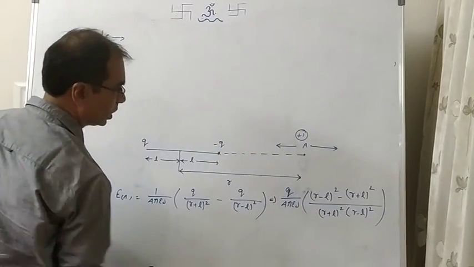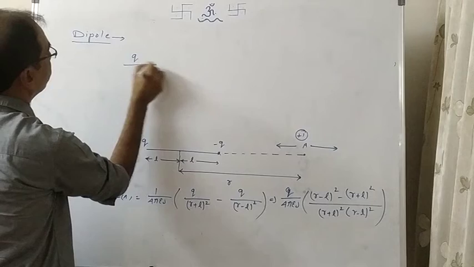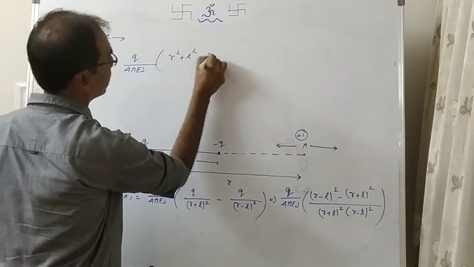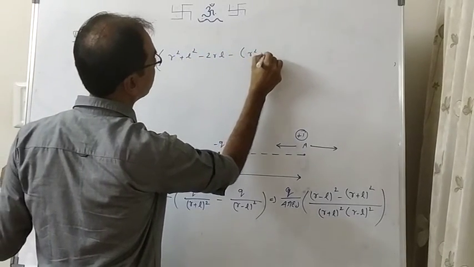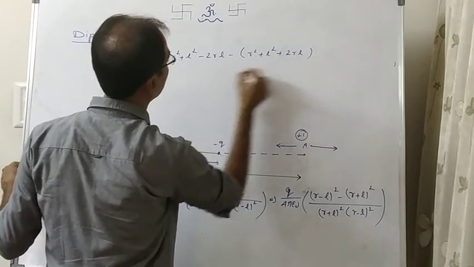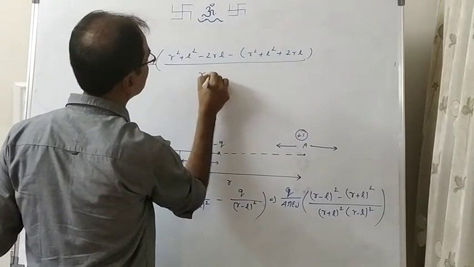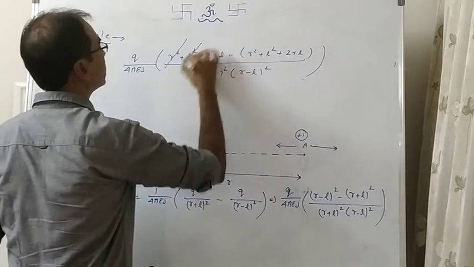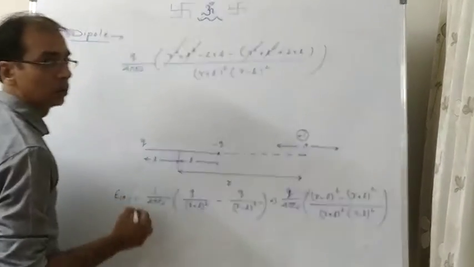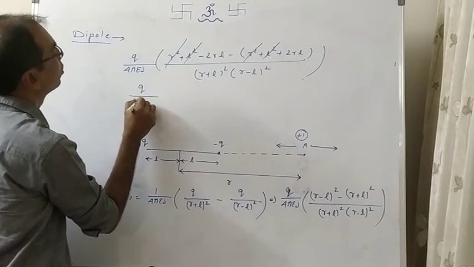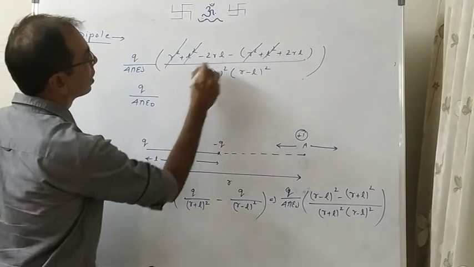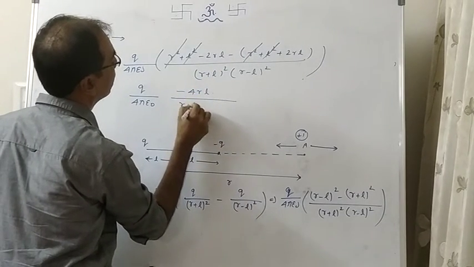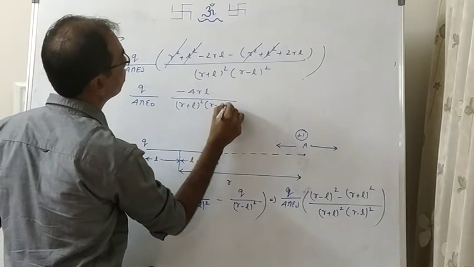It's Q by 4 pi epsilon naught, R square plus L square minus 2RL minus R square plus L square plus 2RL, by R plus L whole square R minus L whole square. See what's happening? This and this get cancelled. So then Q by 4 pi epsilon naught, this is minus 4RL by R plus L whole square into R minus L whole square.